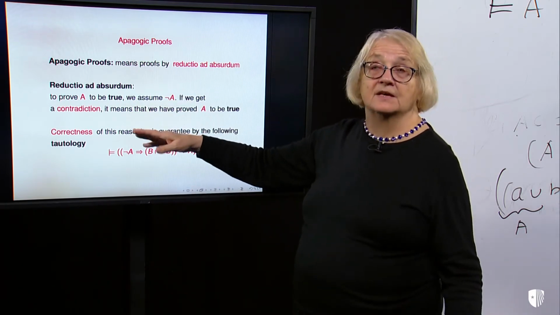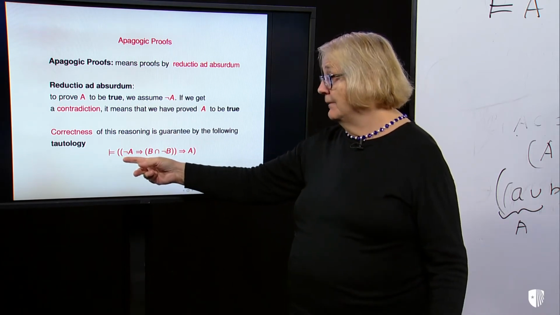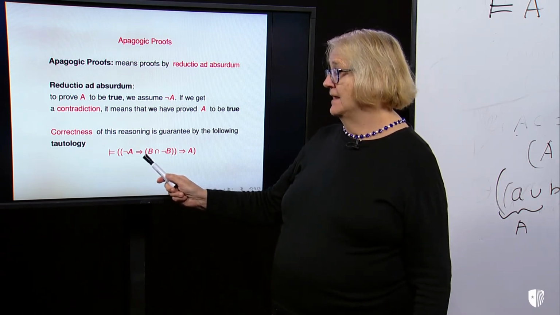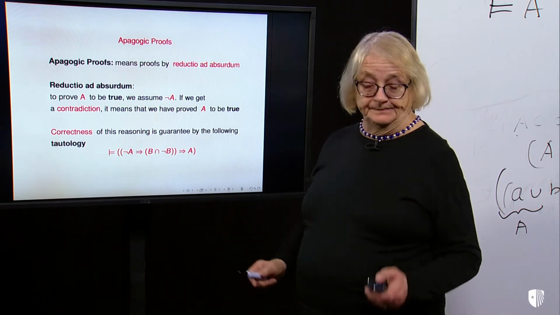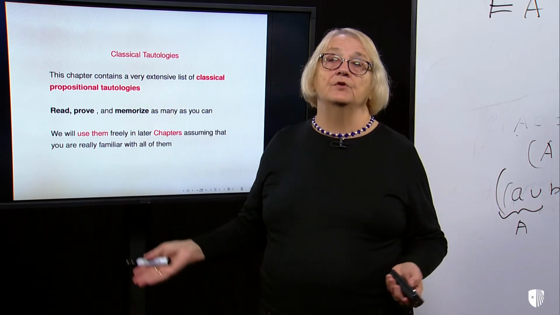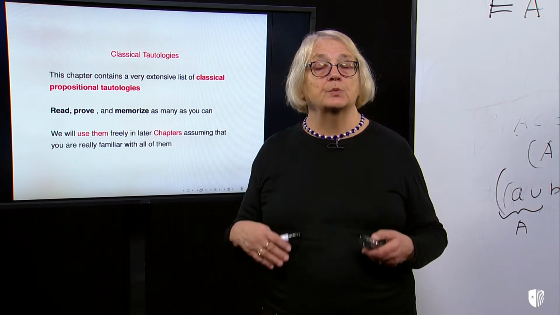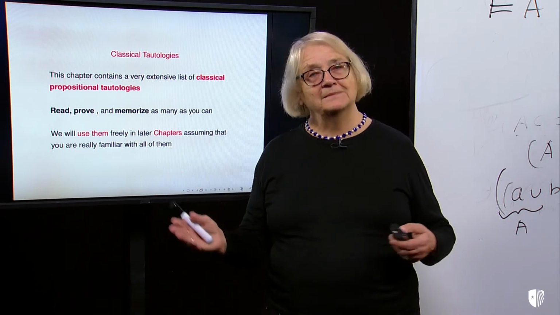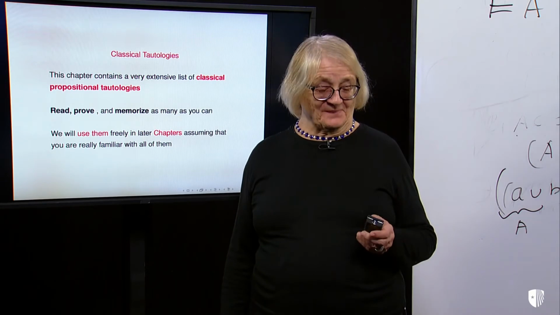And the correctness of that reasoning, this is important reasoning, is given by that tautology: assume not A, then B and not B, this is a contradiction, then A. And the whole chapter contains, as I already said, the list of basic tautologies. We will use them later, so just play with them, and slowly you'll memorize all of them.